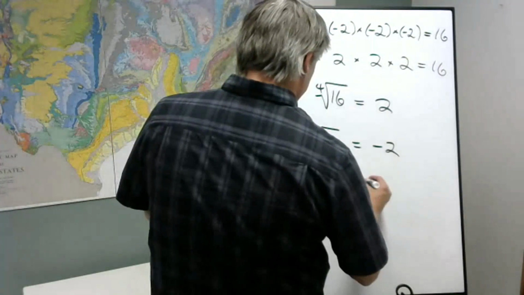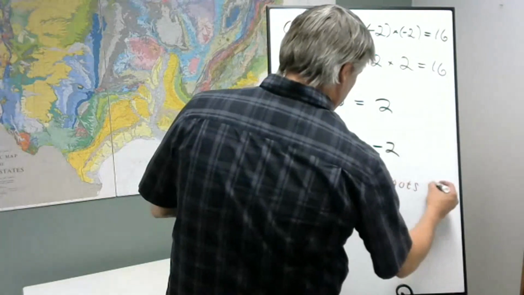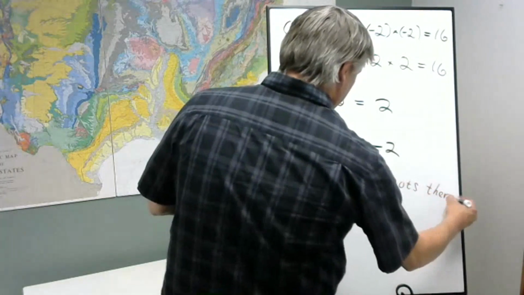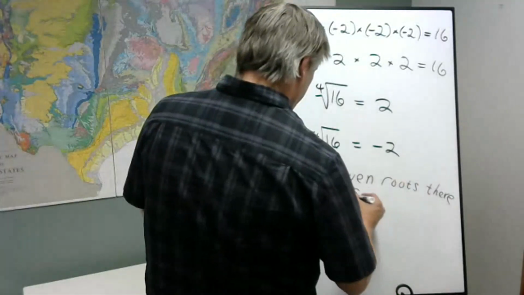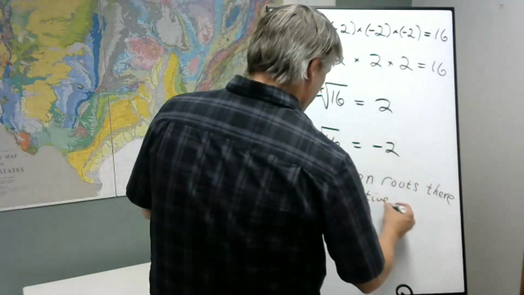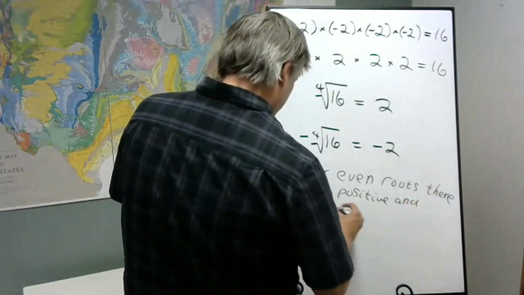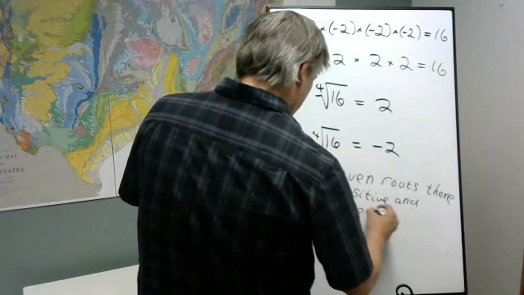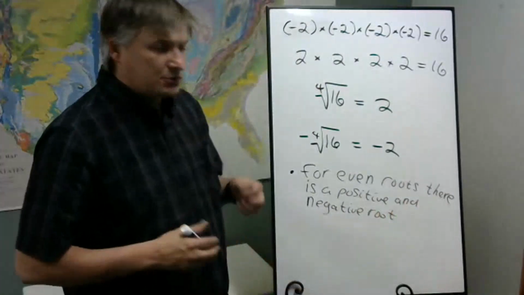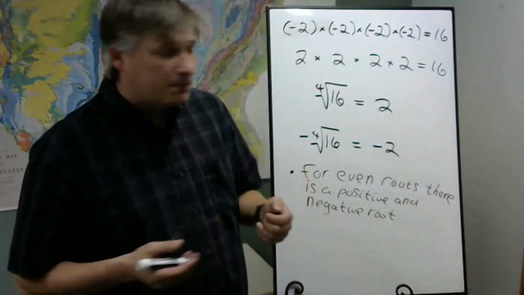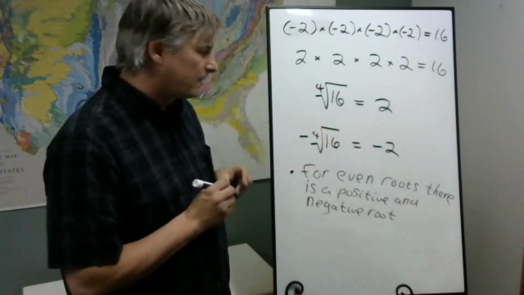For even roots, there is a positive and negative root. So square roots or root 2, fourth roots, again, you got a positive and a negative.